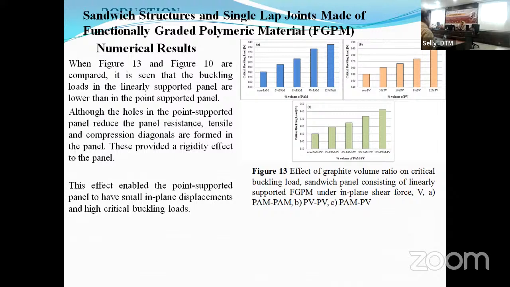So tensile and compression diagonals are formed in the panel for the point supported case, and this provides a rigidity effect for the panel. This effect enables the point supported panel to have a small in-plane displacement and a high critical buckling load.